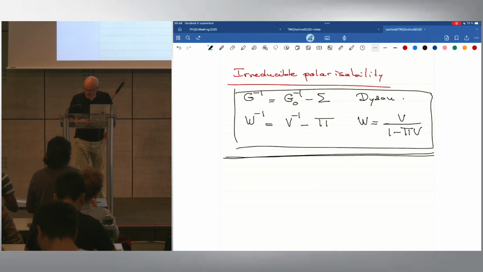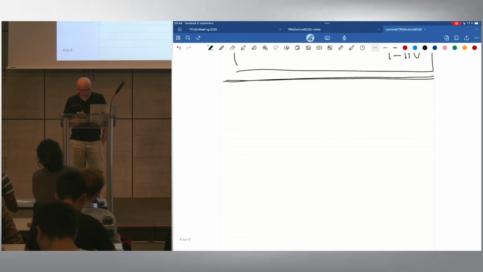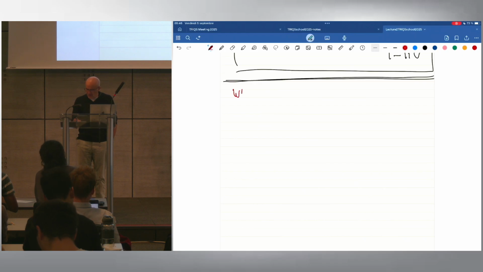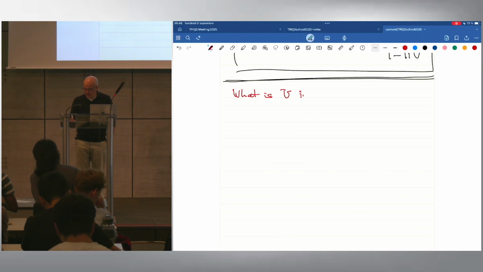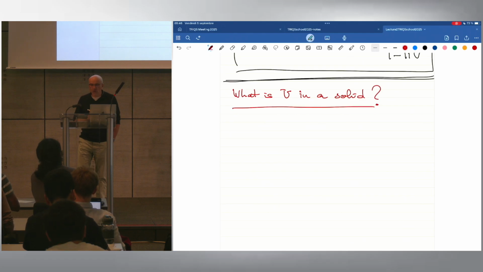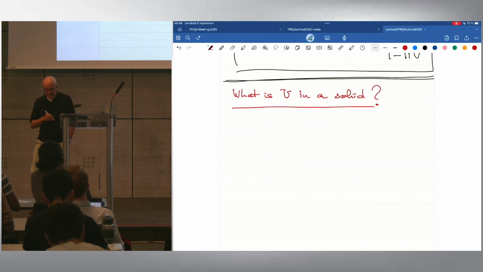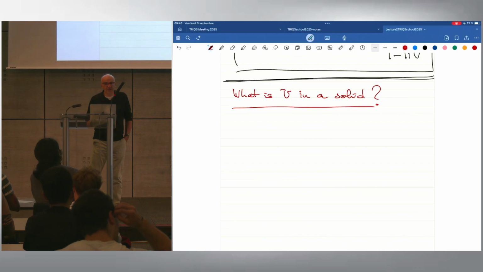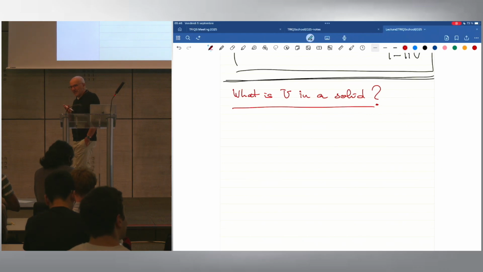Okay. So now, armed with all this, I would like to ask a physics question, which is, what is U in a material or in a solid? So this was the question that was plaguing us with DFT plus DMFT, because nobody really knows what U is.